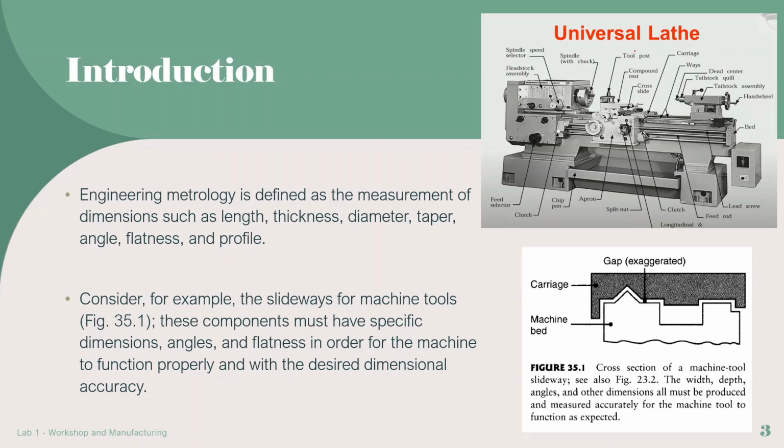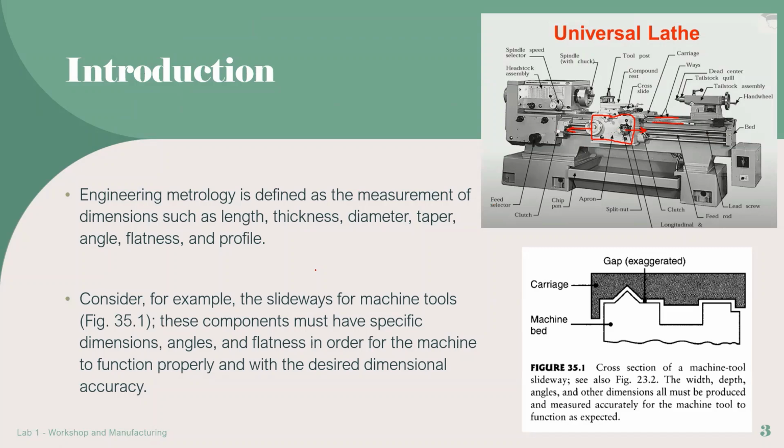Imagine this example, your turning machine. You have your ways in your turning machine. And what are your ways for? It is to move your carriage around left and right.